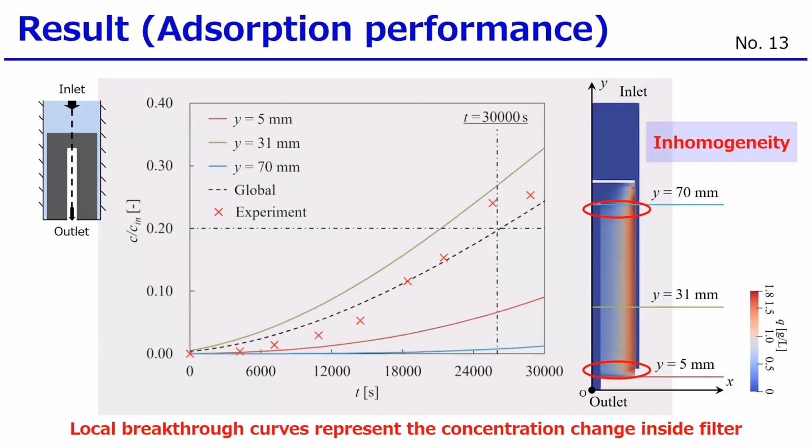We call this local concentration distribution the local breakthrough curve, and we define the generally used breakthrough curve as the global breakthrough curve. We consider we can apply this local concentration distribution for filter design because we can visualize inside the filter.